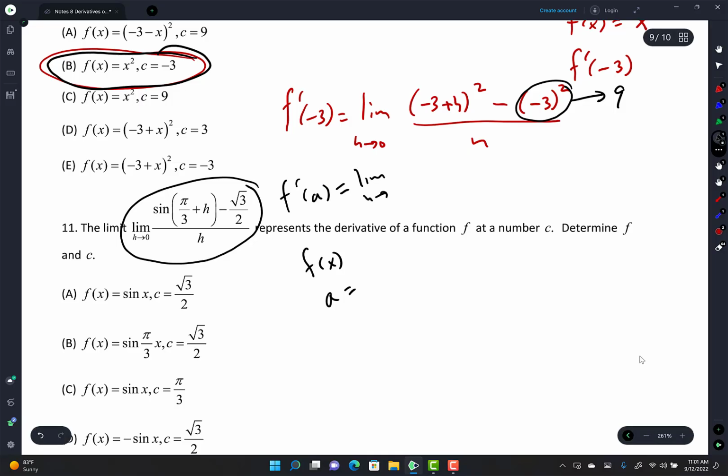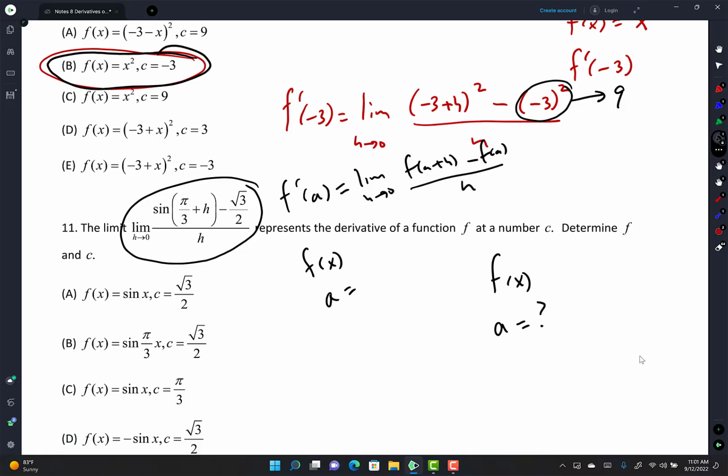Limit as h approaches 0, f of a plus h minus f of a all over h. They want to know what is f of x and what is the a value. Does that make sense now? So the easiest part is your a value because of this. What is the a value?